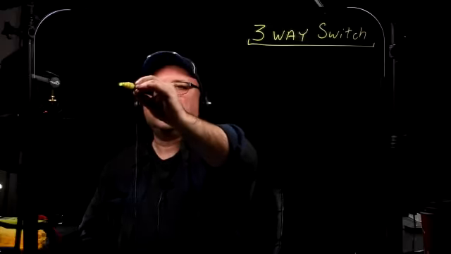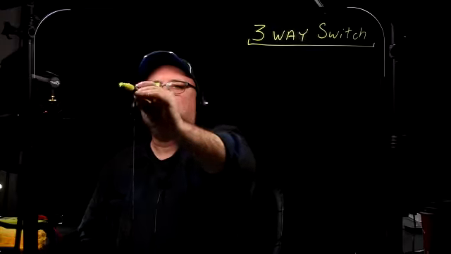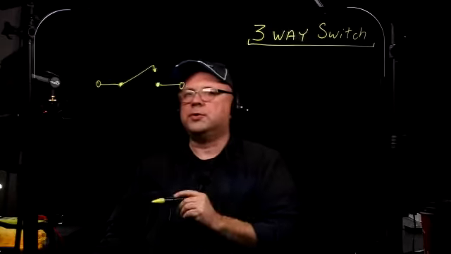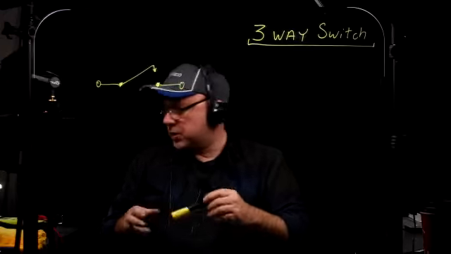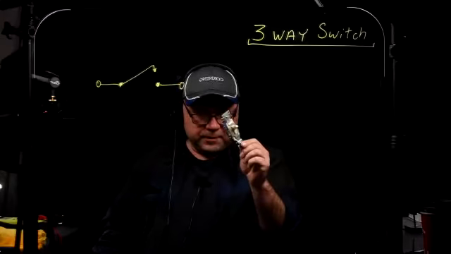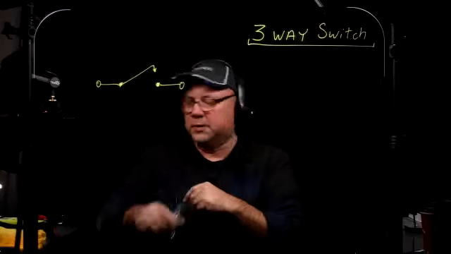There is one terminal here, there's another terminal here, and there is a pole. You can either close that switch or open that switch in order to have continuity between these two points. Some of them are momentary, some of them are latching. Pretty much the light switches that we use in everyday use are latching switches. You can turn it on, turn it off.